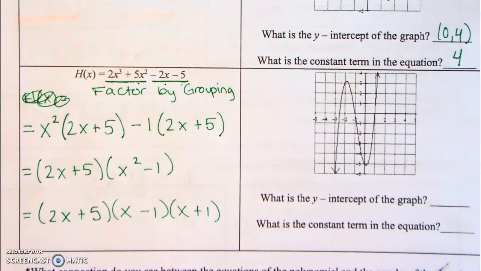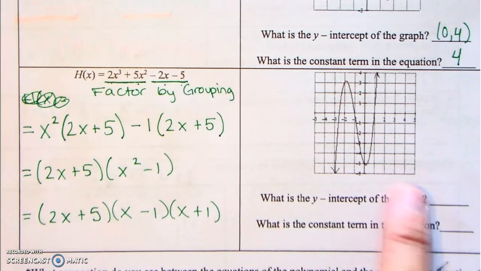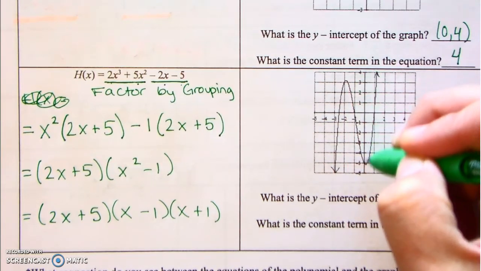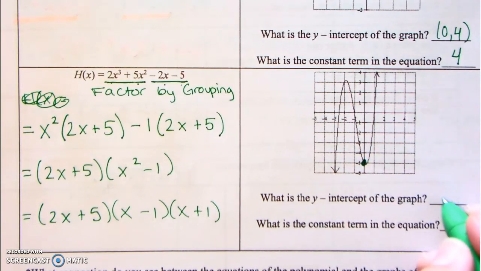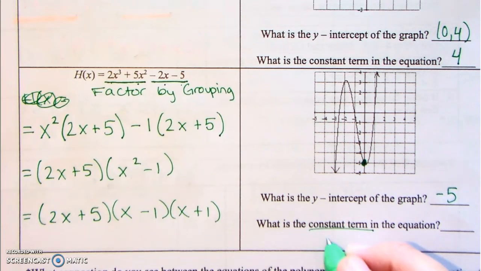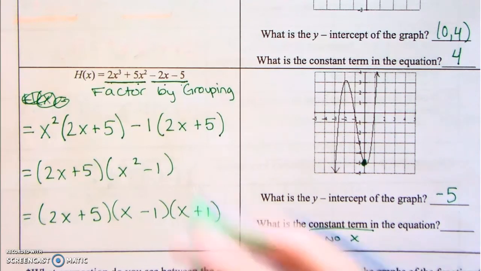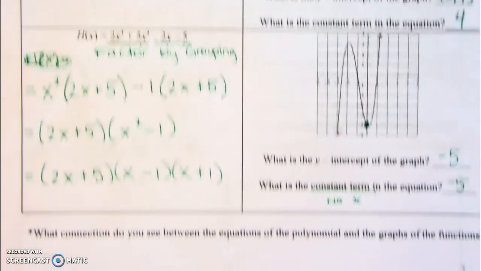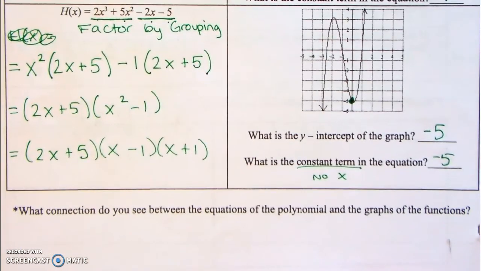And let's see what was the y-intercept of this graph. This y-intercept is, it's on this line, and it looks like -5. What is the constant term in the equation? -5. What connection do you see between the equations of the polynomial and the graphs of the function?